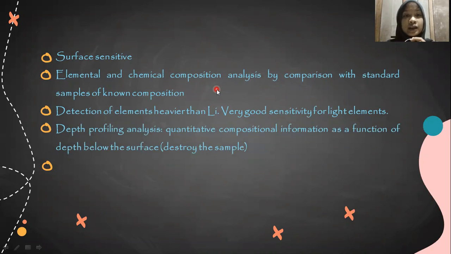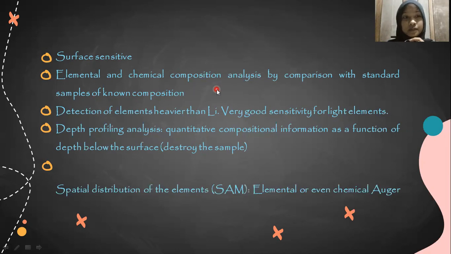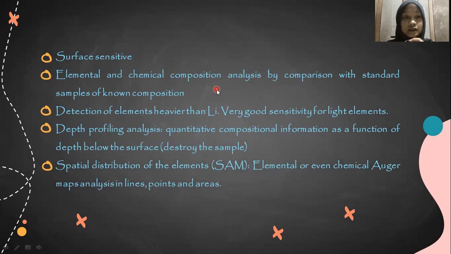Depth profiling analysis gives quantitative compositional information as a function of depth below the surface, or by destroying the sample. And the last, spatial distribution of the elements as in SEM, elemental or even chemical Auger maps analysis in lines, points, and areas.